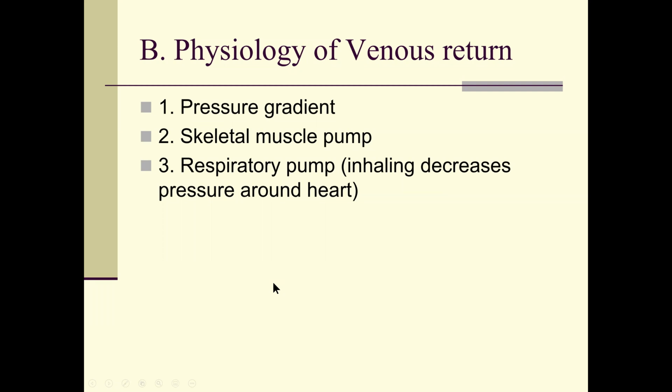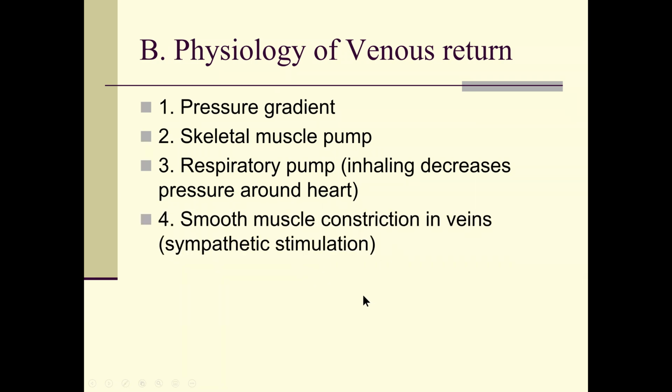When it contracts, it goes down. You increase the volume and decrease the respiratory pressure, so this decreases pressure around the heart. With decreased pressure, we have the potential for blood flow movement. Then there's smooth muscle contraction of the veins: with sympathetic stimulation, we can have smooth muscle contraction in the veins.